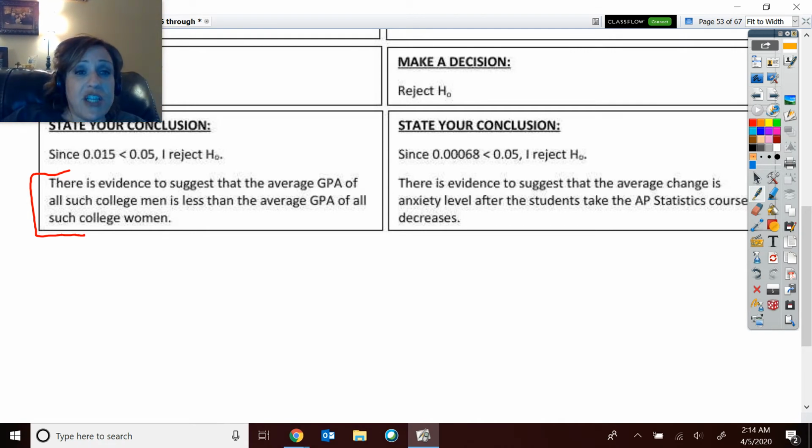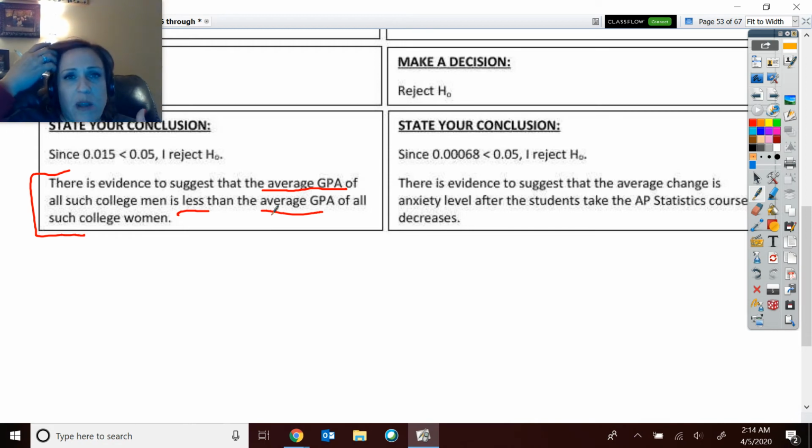I have evidence suggests that the average GPA of all such college men is less than the average GPA of all such college women. Of course, I could say it how they asked the question specifically. That's always safe, to use the exact same language of the question, which was that the average GPA of the women is greater than the average GPA of the men. Means the same thing.